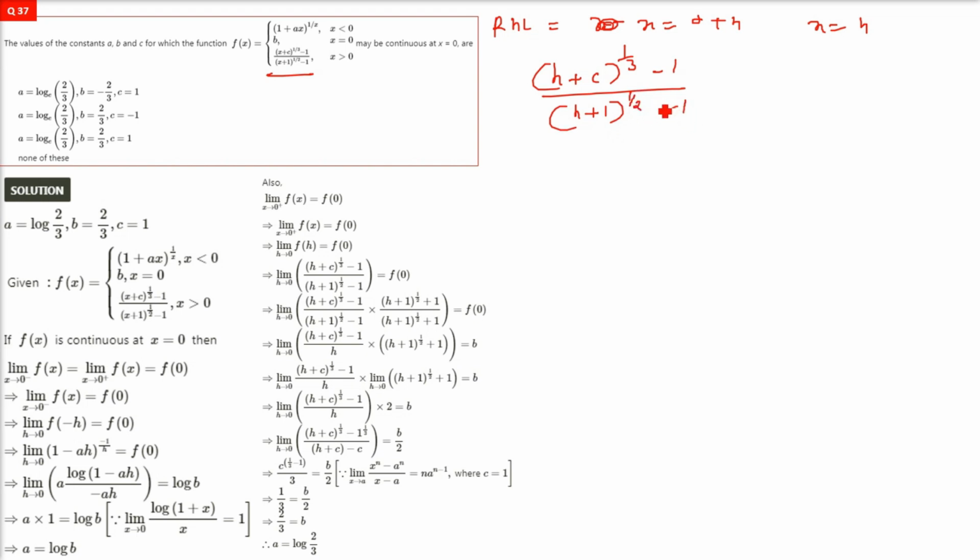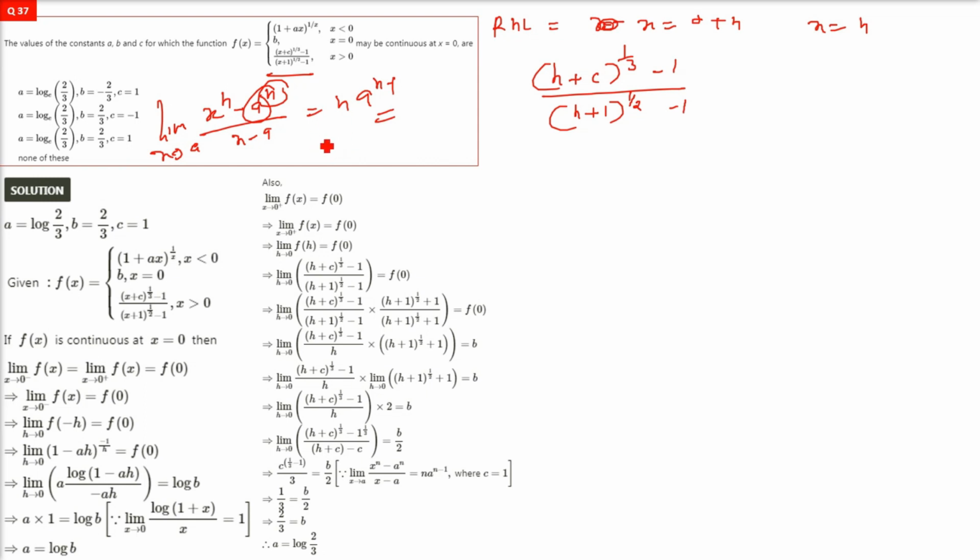Now there is a typo error or whatever it is. See, always remember the limit as x tends to a of (x to the power n minus a to the power n) divided by (x minus a): this n comes in front, a to the power n minus 1. This is the result of the limit.